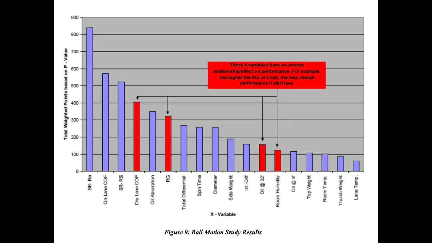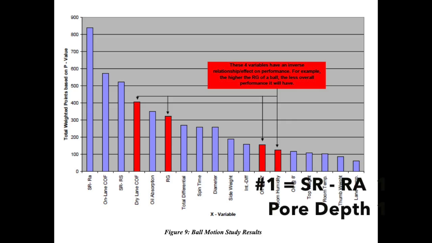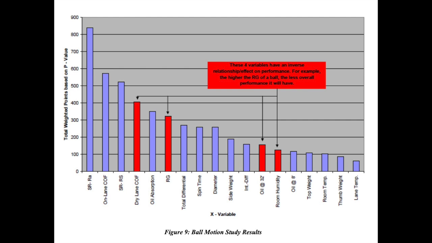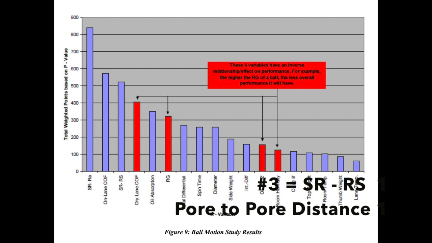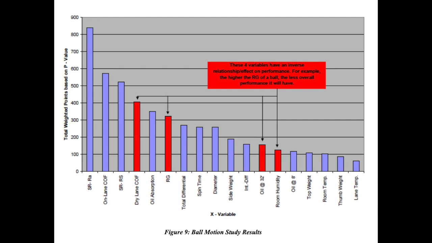If you look at the USBC ball motion study, it shows that the top 5 factors affecting ball motion are ball surface roughness, which is how deep the pores are, on-lane coefficient of friction, that's where the oil is on the lane, surface roughness, that's the distance between the pores in the cover, then the dry lane coefficient of friction, and finally oil absorption.